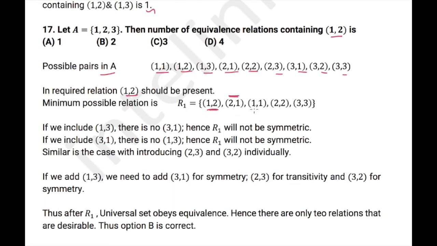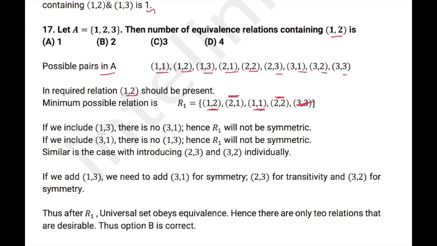For reflexive I can write (1, 1) and (2, 2). So we have a reflexive relation here and also symmetric, and definitely transitive as well, because of (1, 2) and (2, 1), we get (1, 1). So we need not add (3, 3) here.